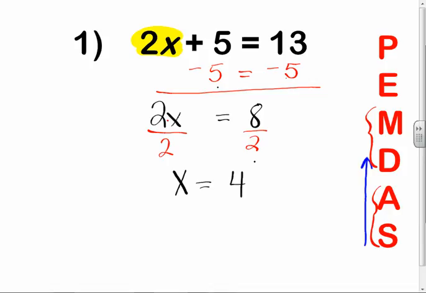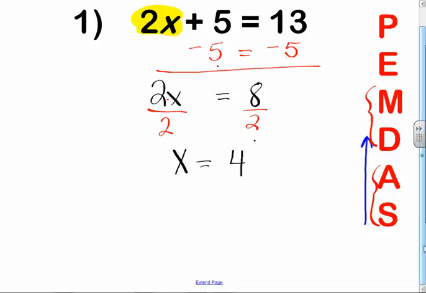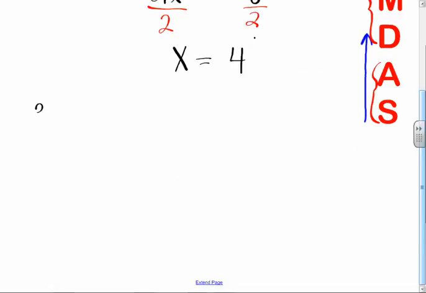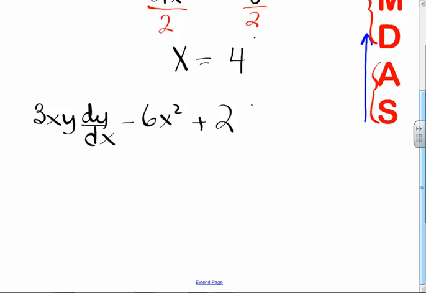Would you like me to show you what we're doing in calculus so that you get some idea why I want you to do this? This is something we want to solve for dy/dx. It's an equation.